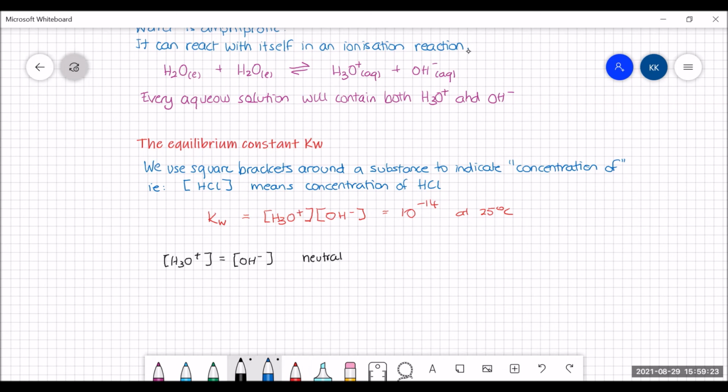If you have a solution where there are more hydronium ions than hydroxide ions, so the concentration of hydronium is more than the concentration of hydroxide, then that is a solution that we say is acidic. And if you have a solution where you have less hydronium ions than hydroxide ions, that is, the concentration of hydroxide ions is greater, then we say that that solution is basic.